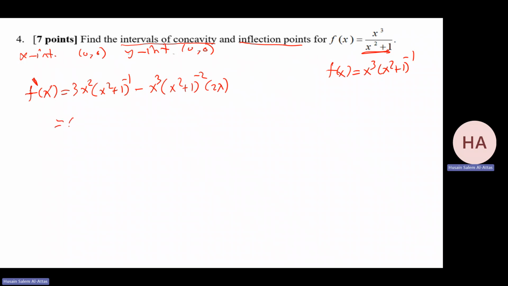So I can take x squared times (x squared plus 1) to the power minus 1 as a common factor, minus 2. And then I have 3 (x squared plus 1).